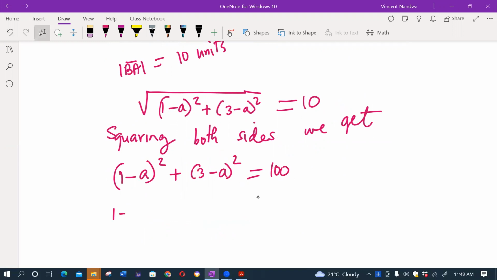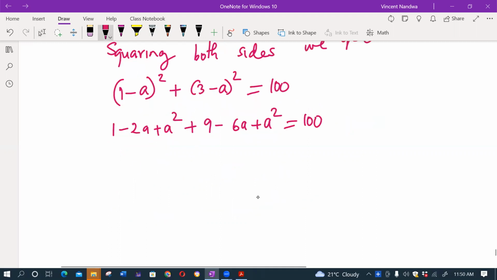So 1 minus 2A plus A squared plus 9 minus 6A plus A squared equals 100. So A squared plus A squared is 2A squared, minus 2A minus 6A is minus 8A, 1 plus 9 is 10, equals 100.